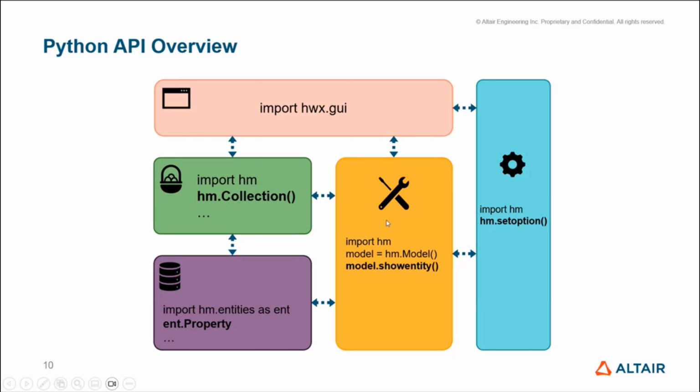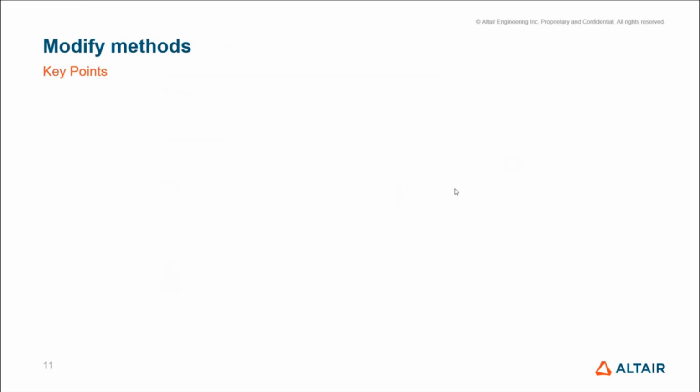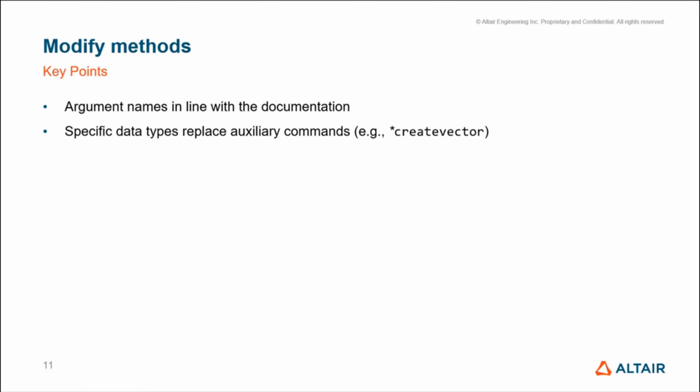Now, talking a bit more about the services itself, I would like to highlight just a couple of points before jumping into a live demo. So talking about the modified methods, or as we know them, the modified commands in TCL, we made sure that the argument names are in line with the documentation.